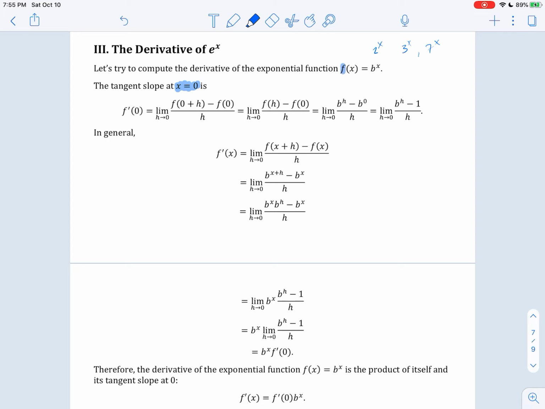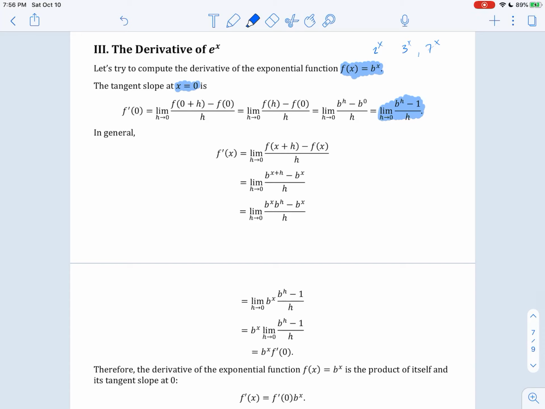Since f of x equals b to the x, this is b to the h minus b to the 0 over h, which is the limit as h goes to 0 of b to the h minus 1 over h.